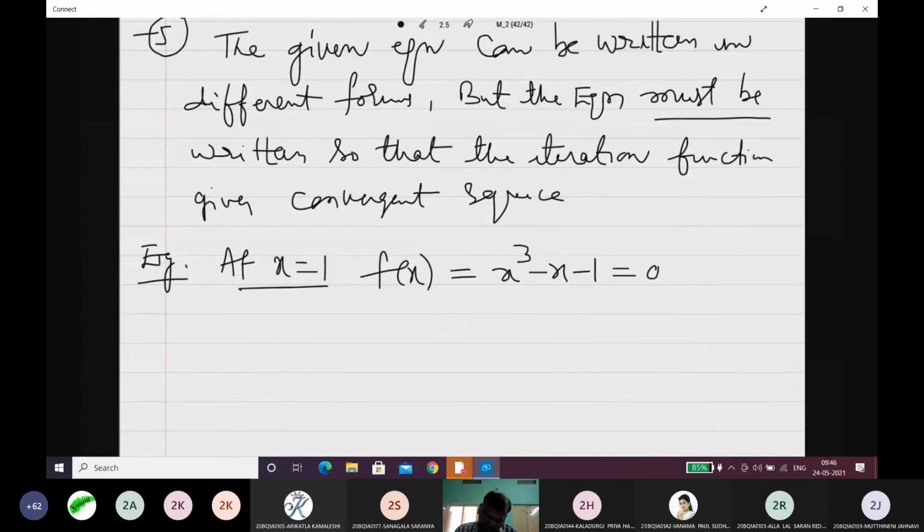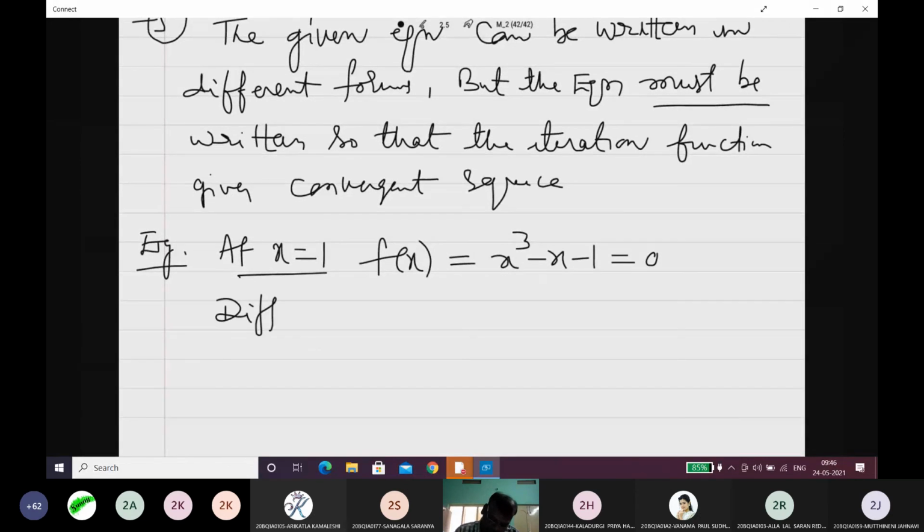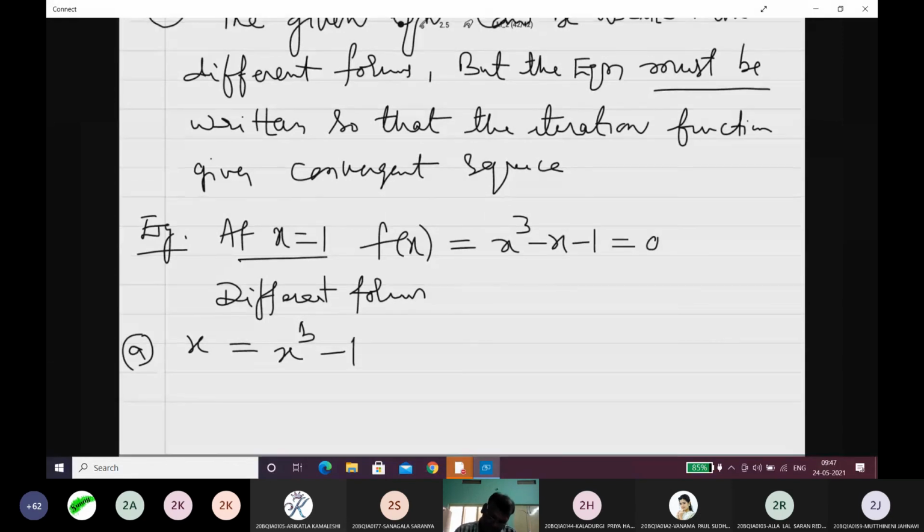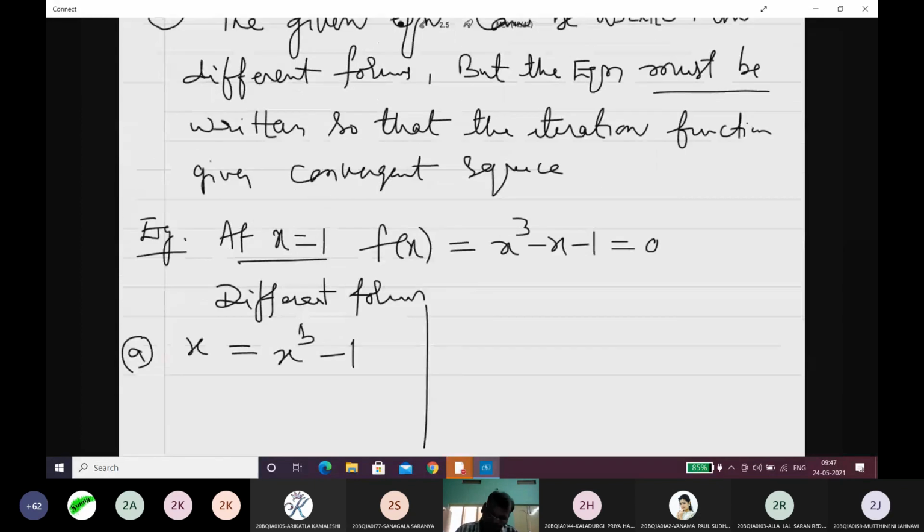Now let us see the different forms. ఒక 2-3 forms తీసుకొని చూద్దాం. సో దీంట్లో నుంచి ఫస్ట్ x తీసుకుంటే x క్యూబ్డ్ మైనస్ 1, ఇది ఒక ఫామ్ అనుకుందాం. ఇంకో ఫామ్, x కామన్ తీస్తే x² మైనస్ 1 ఈజ్ ఈక్వల్ టు 0. డిఫరెంట్ ఫార్మ్స్ ఆర్ దేర్.